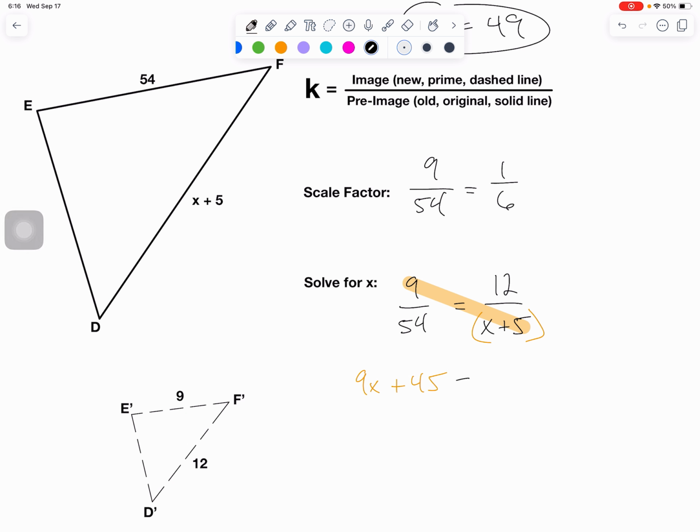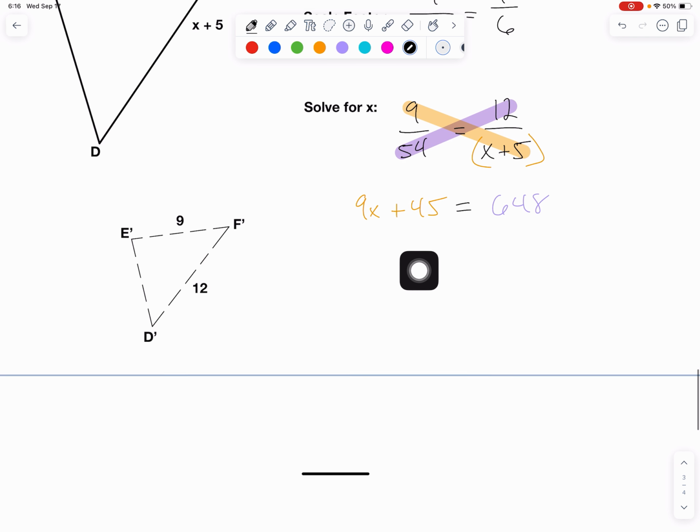Then we will set that equal to, and let's get that light purple out, 54 times 12, well, 54 times 10 is 540. 108 should equal 648 in light purple. You can double check the calculator if you'd like to and call me out on it. That would be fun.